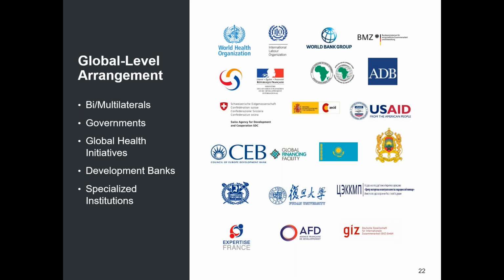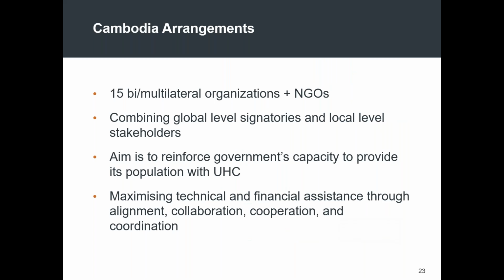There are also global health initiatives like the Global Financing Facility and the Global Fund. A couple of development banks like ADB, Asian Development Bank, African Development Bank, World Bank, and then more recently, specialized institutions.